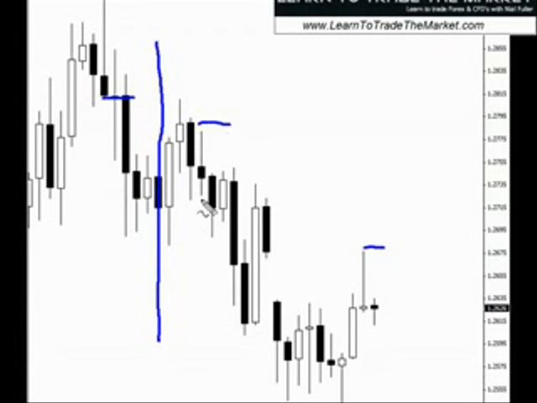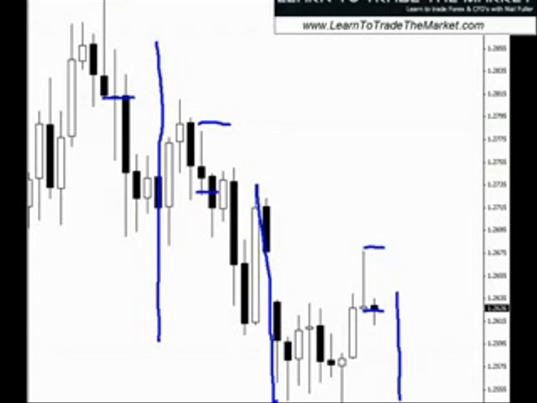This inside bar pin bar resulted in quite a substantial drop, and based on the fact that it's just worked those last 2 times, I'd be expecting this bar to work. Don't hold it against me if it doesn't work out, because I'm just trading the method that I know works best. I'm learning to read this chart in real time based on the recent price action. That is chart reading. We're using the behavior of the current chart to learn what method to implement.